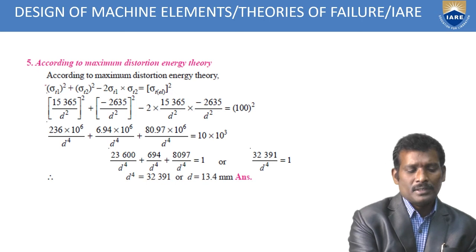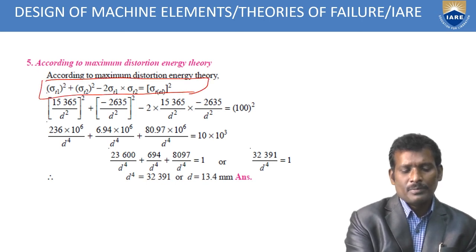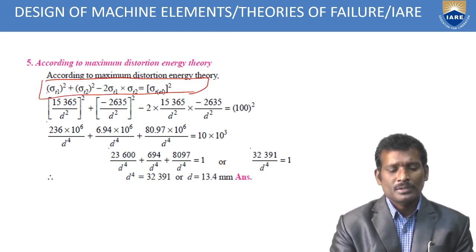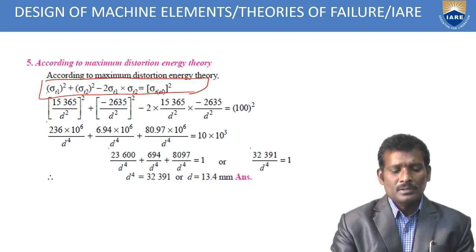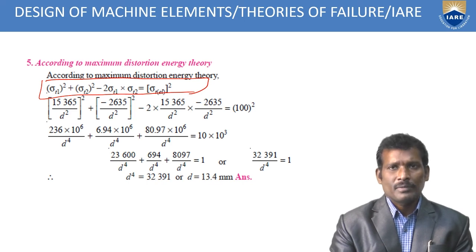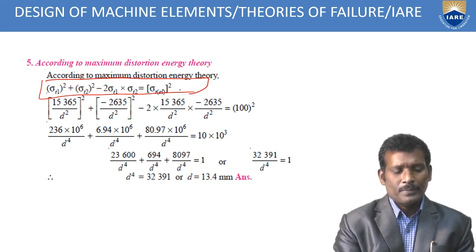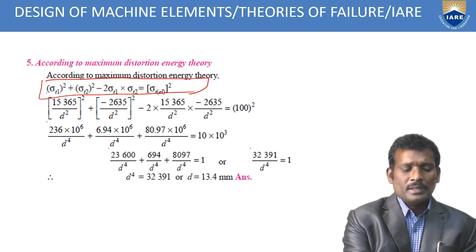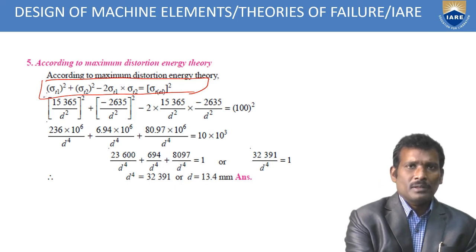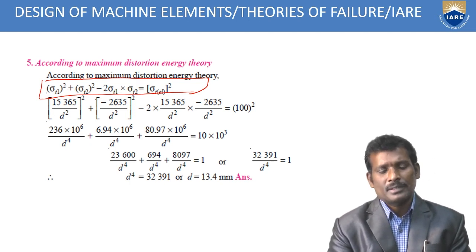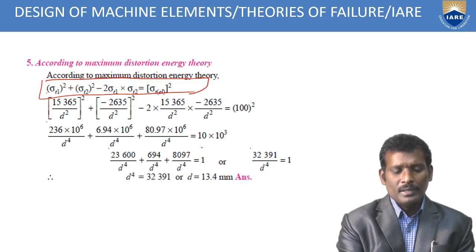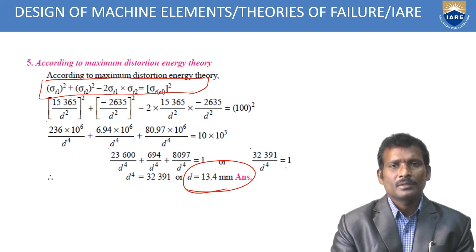So apply the distortion energy theory, sigma 1 square plus sigma 2 square minus 2 sigma 1 sigma 2, equal to the permissible stress value whole square. Here sigma T1 is the maximum principal stress, and sigma T2 the minimum principal stress. Clear? So apply and substitute those values, you will get the D value of 13.4.